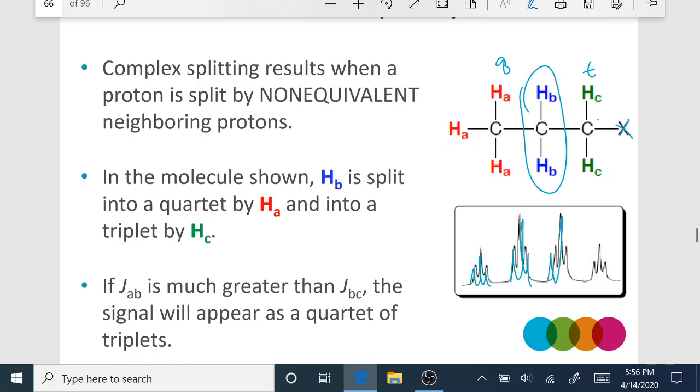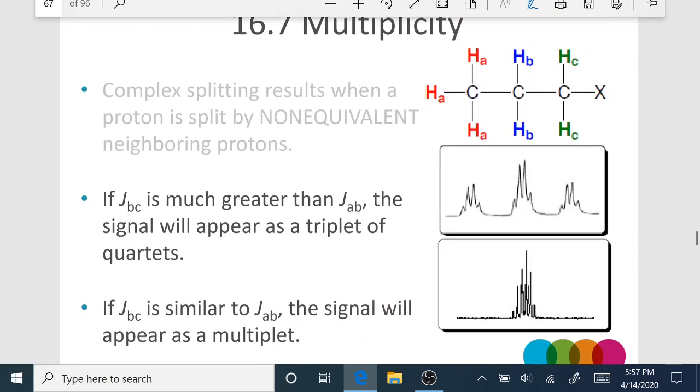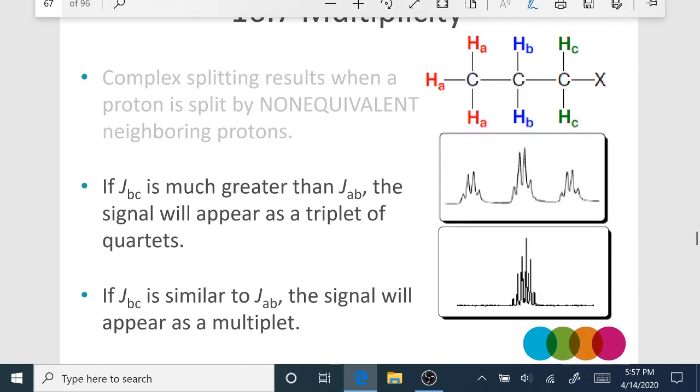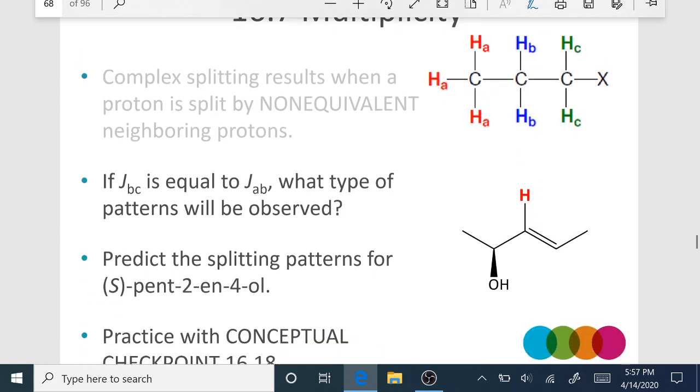Again, I'm not asking my students to do this, but your teacher may ask you to do this if you have a different teacher, because I'm putting this on YouTube. It may also be split into a triplet of quartets, so it could be either way depending on which coupling constant is larger. Here's an example of a triplet of quartets. And if you don't have a good instrument, you may just see a blob, like that multiplet there. So it's just going to depend.